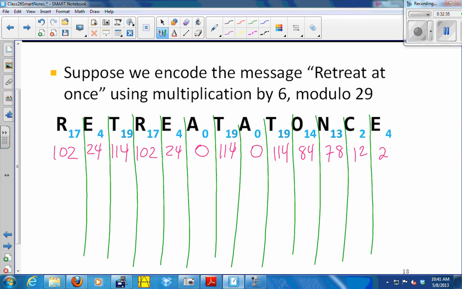And 4 times 6 is 24. Okay, so encoded by multiplying by 6.